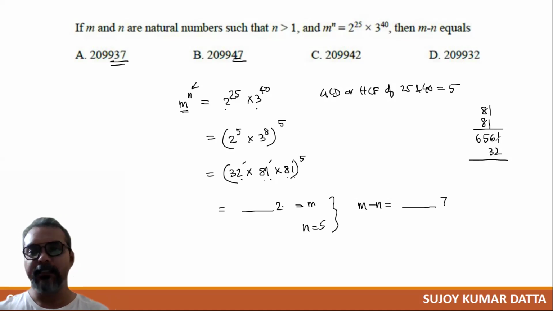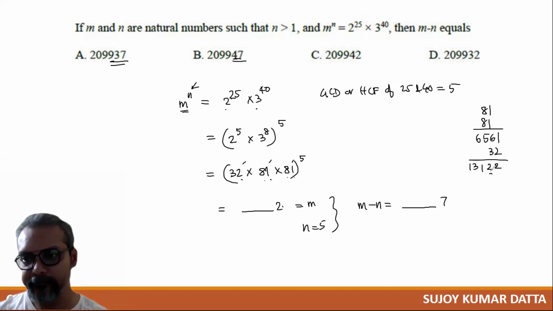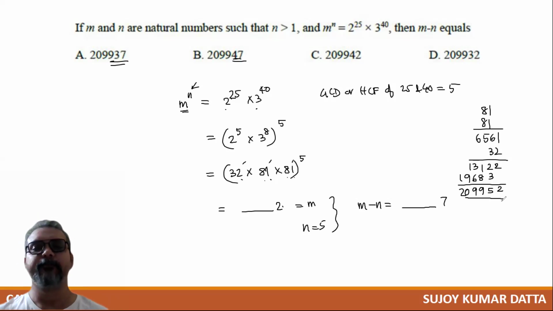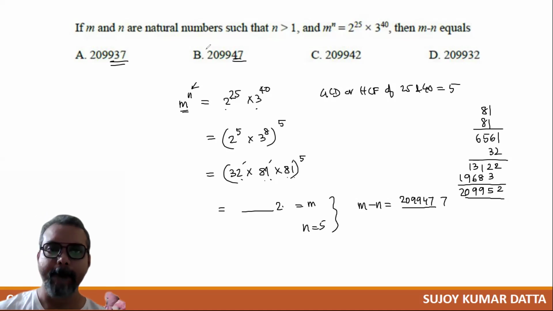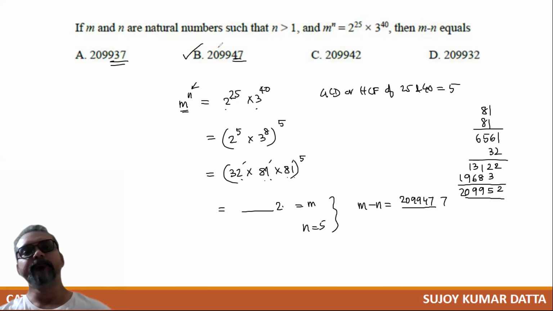So if I do that, let's do the normal way. 209952. Now, once we know that it is 209952 and we have to subtract 5, it is 209947. So that's your answer.